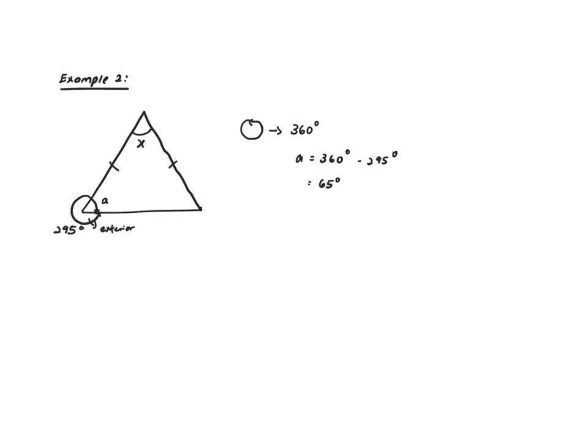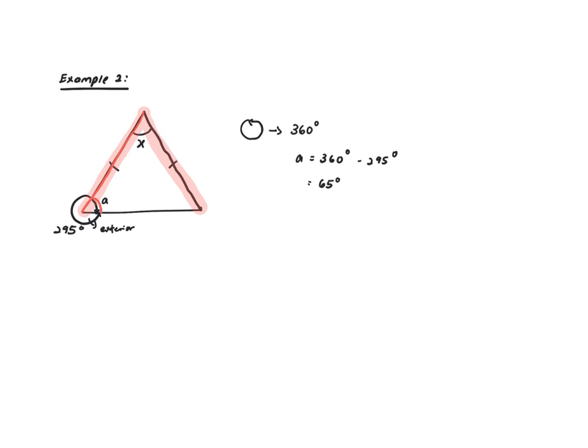Now, if we look at this triangle very closely, it has two sides that are the same. And because it has two sides the same, it has two angles that are the same. We call this an isosceles triangle. So which two angles are the same?